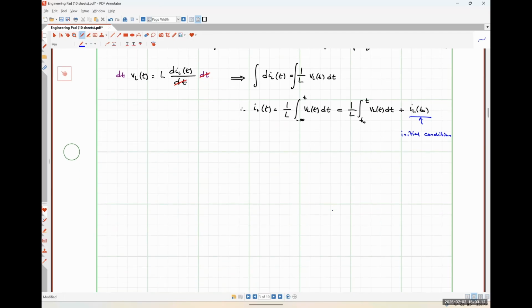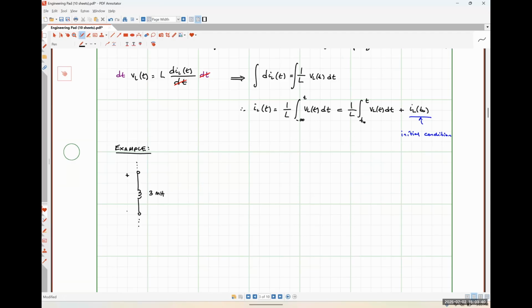Let's say that we have a 3 millihenry inductance.